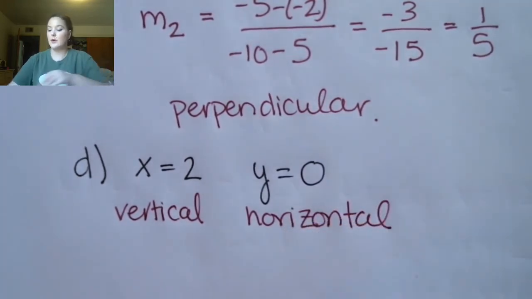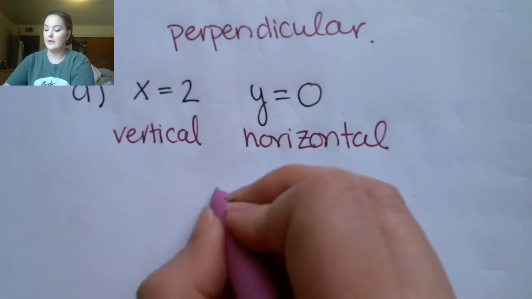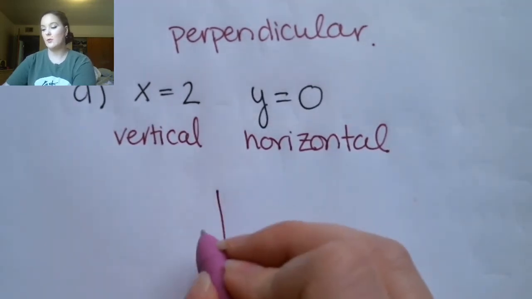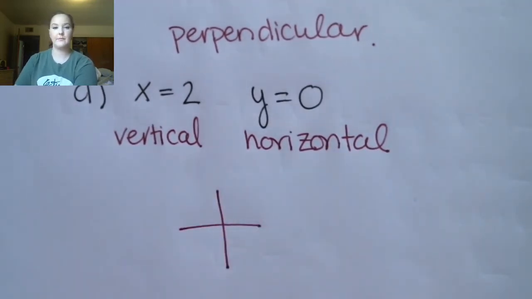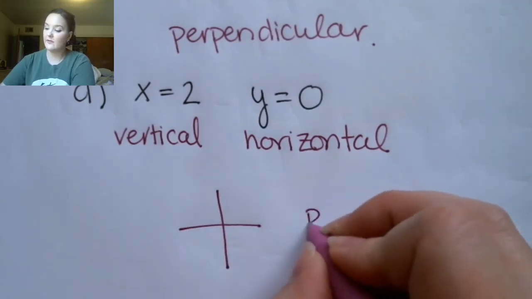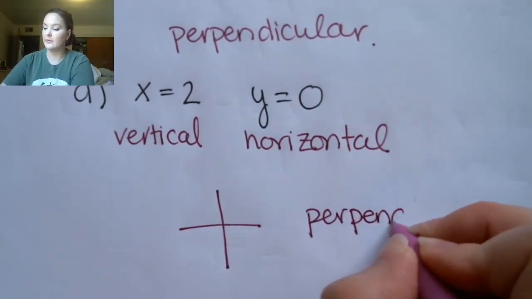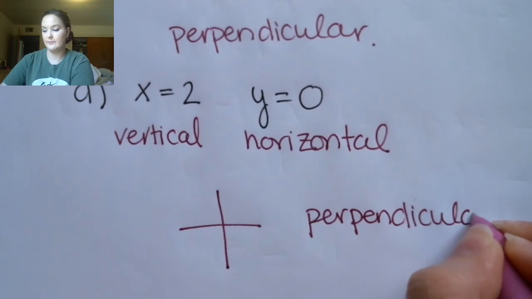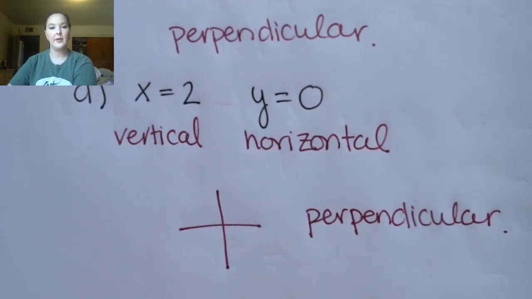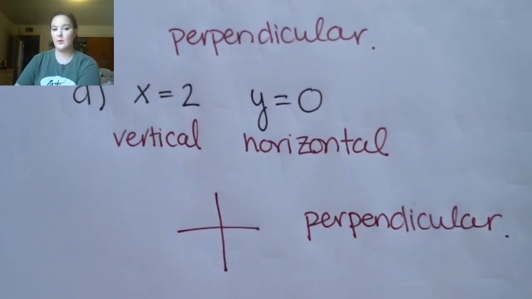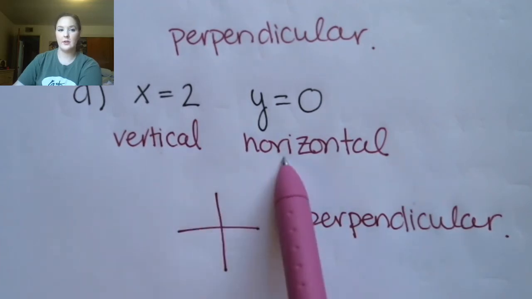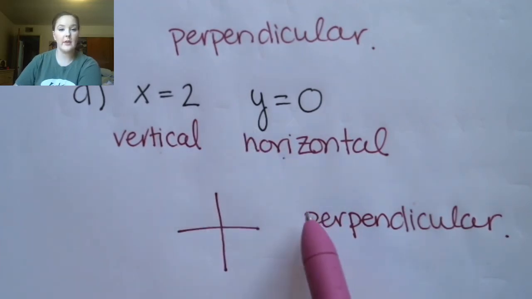So we're going to draw a vertical line and a horizontal line. You can see visually that these are perpendicular. We don't need to show any other work. All vertical and horizontal lines are perpendicular to one another, so it's clear why we're concluding this.